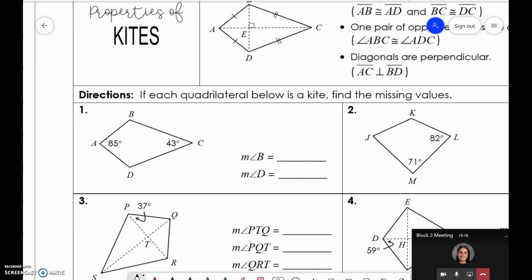If we take 360 and subtract 85 and 43, we have angles left over that need to add together to be 232. The property of a kite says that these two angles are equal to each other. So if we divide 232 by 2, each individual angle is 116 degrees.